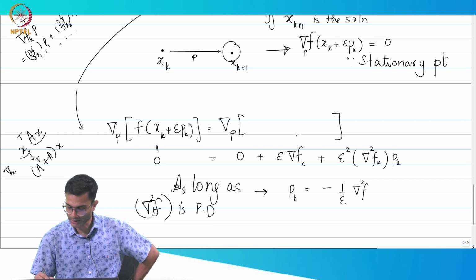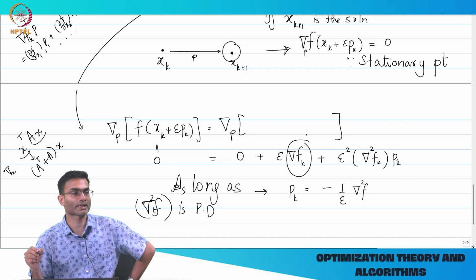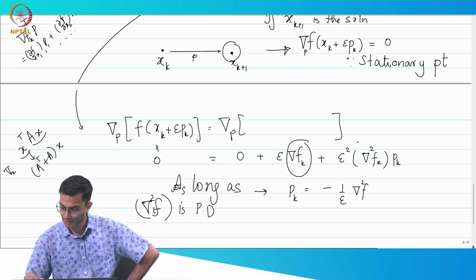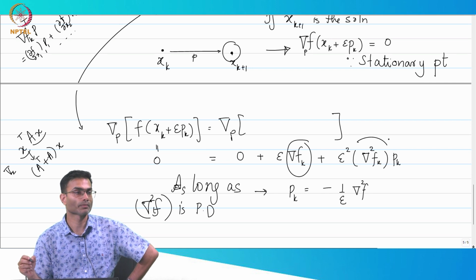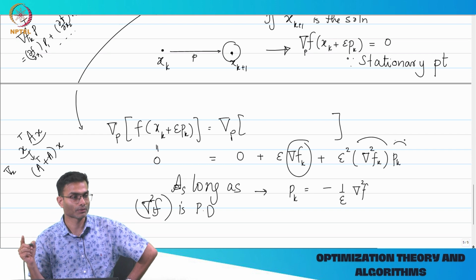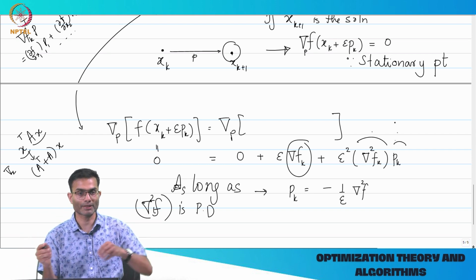So for example, this expression over here, what is this? A scalar, vector, matrix? Grad f is a vector. Hessian is a matrix and I am multiplying by pk, which is a vector. So matrix into vector is going to give me a vector. So I have to be careful when I move things around.